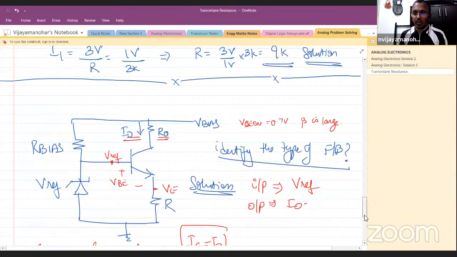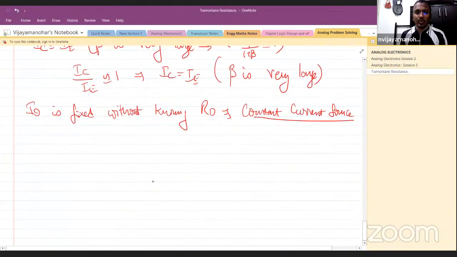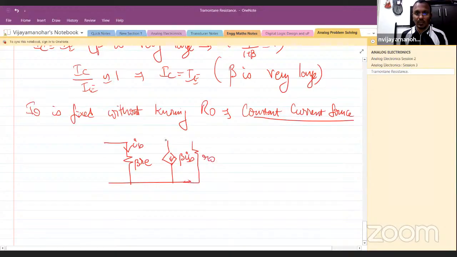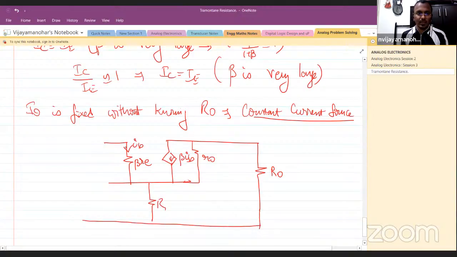So now let's look at this in the small signal picture. I have the BJT. I have the collector current beta IB. This is my collector load R naught, and this is my emitter resistance R. Now this is my VB, which is fixed.